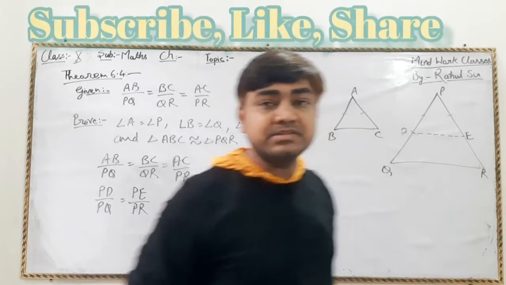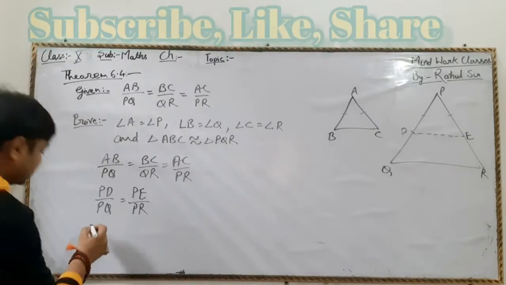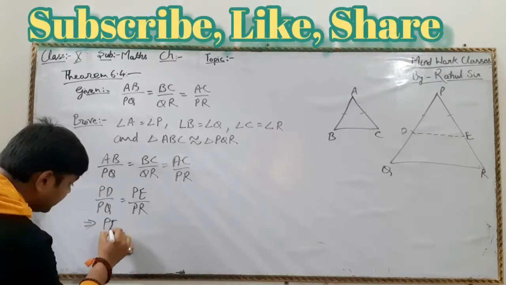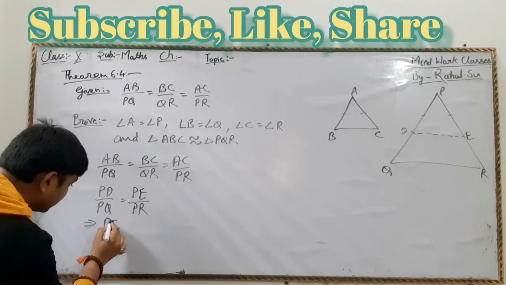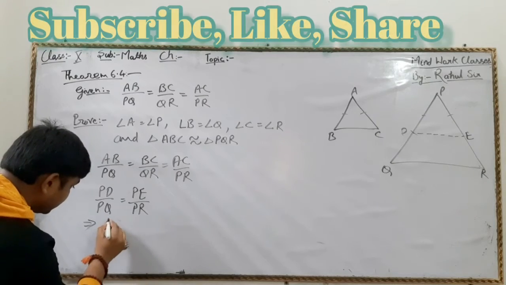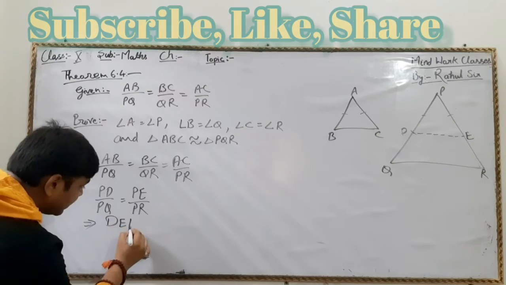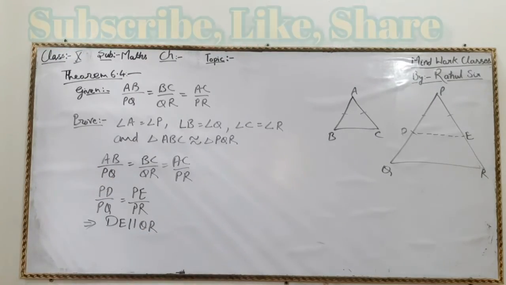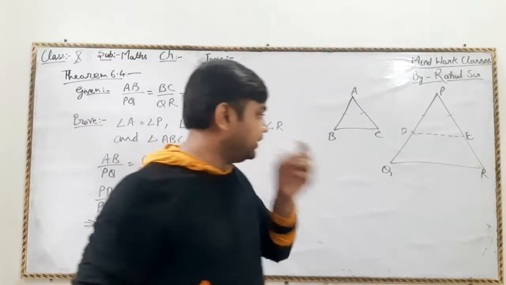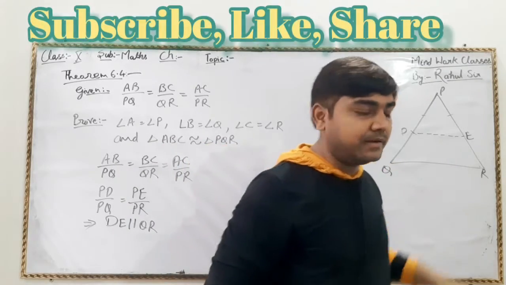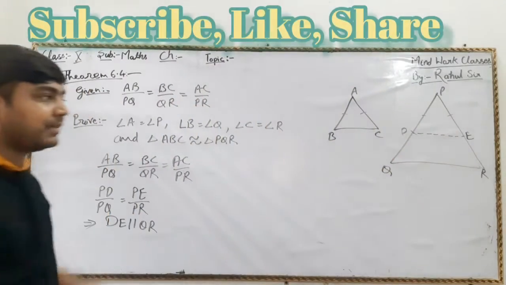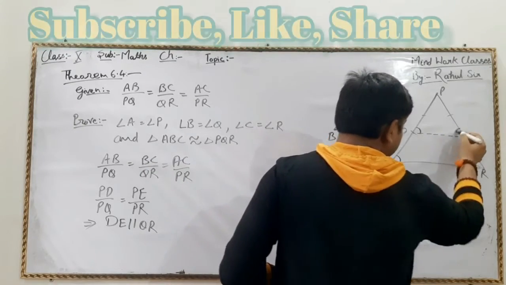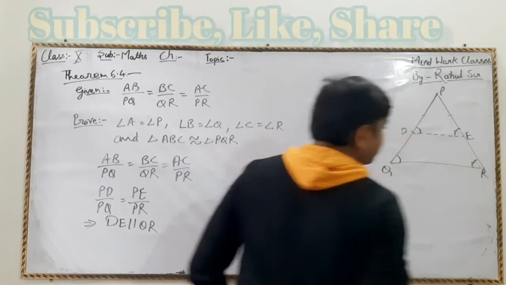If you look at this one, this represents the Thales theorem, which implies that DE is parallel to QR. So these two lines are parallel. Now if these two lines are parallel, that means these two angles must also be equal.